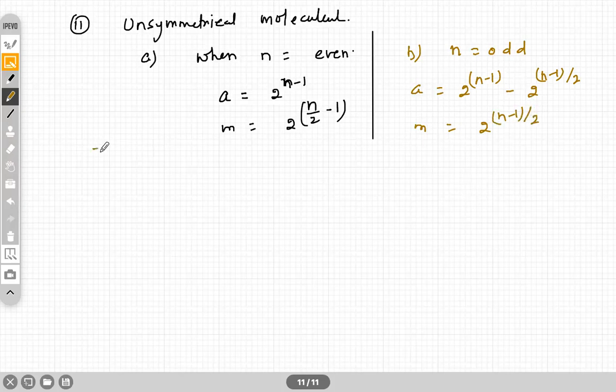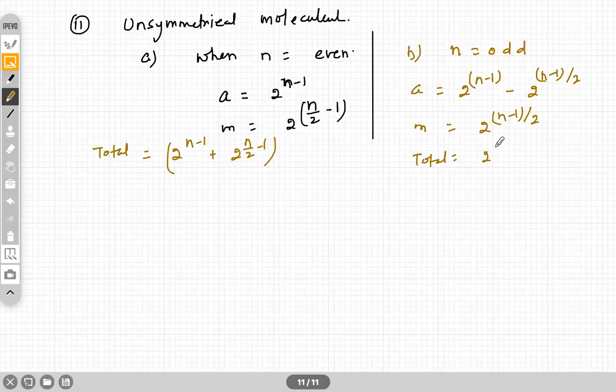So the total isomers in the first case is 2 to the power n minus 1 plus 2 to the power n by 2 minus 1. When you add these, the terms cancel, giving 2 to the power n minus 1. Okay. Now we'll see some examples based on this.